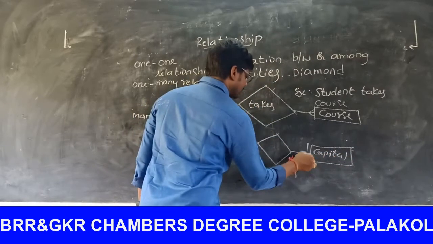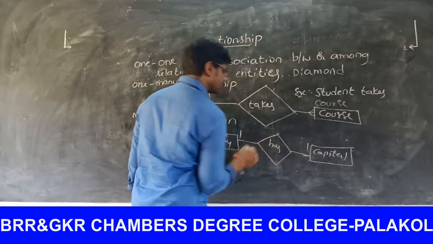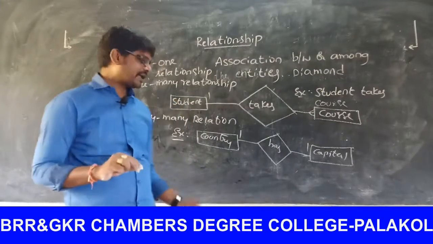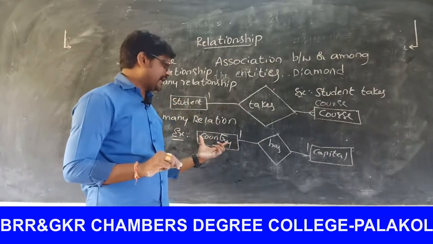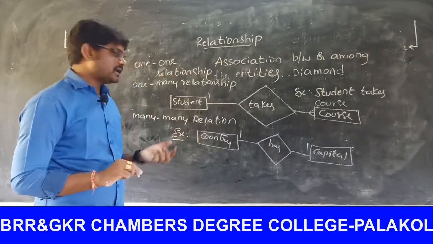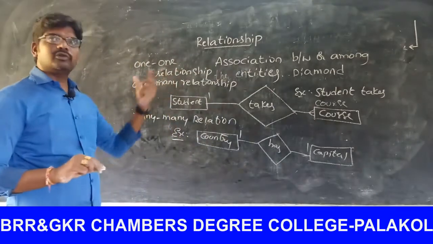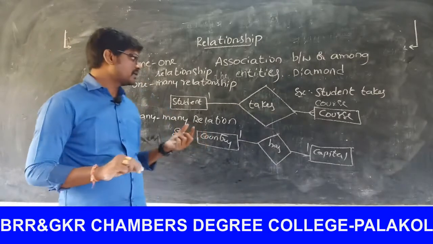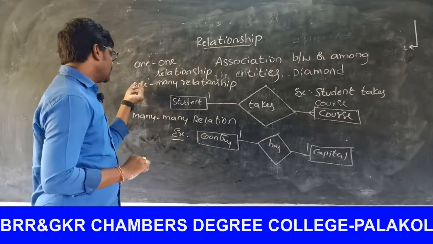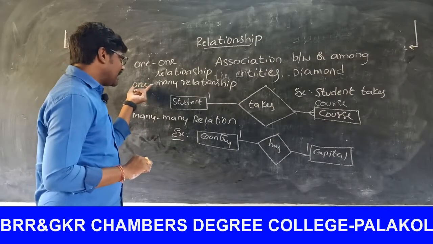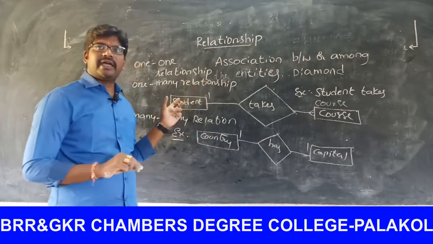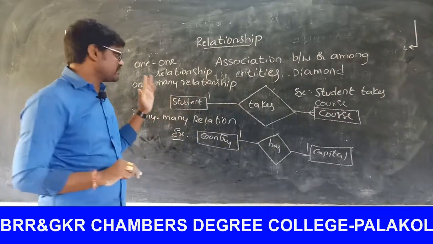Every country has only one capital. We can denote it as a one-to-one relationship. And next, the one-to-many relationship. One entity can be maintained with many relationships. So what is one-to-many?